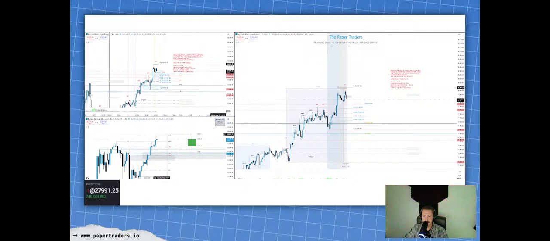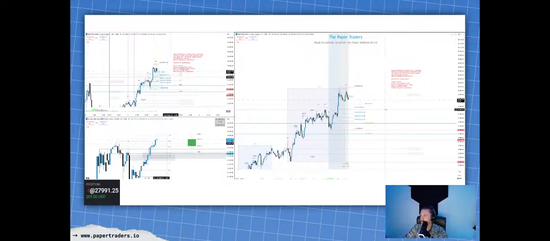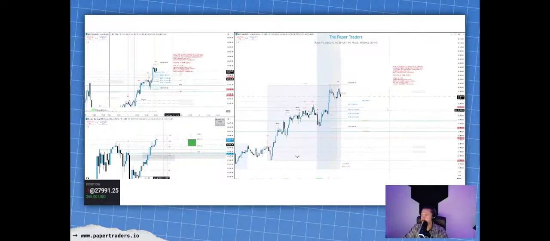Getting a decent little continuation on this thing. Previous hourly high sweep. I'm about to come back down to previous daily high at 27,965.75. Let's see what they want to do on this thing.